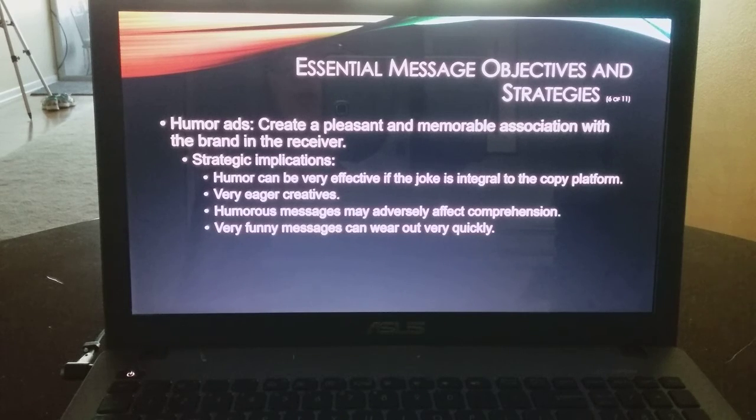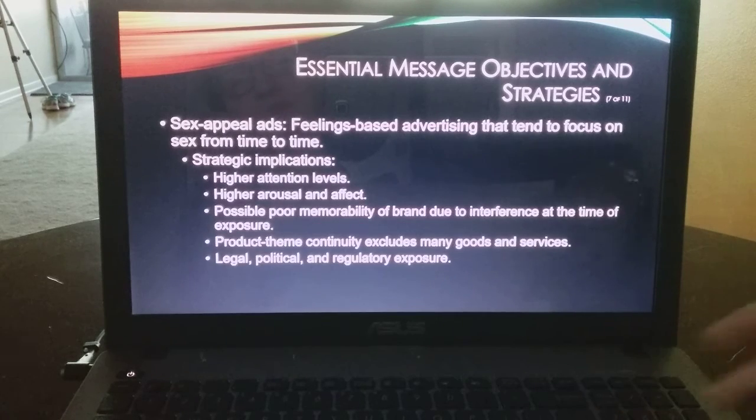The one problem with humor is that messages may adversely affect comprehension. You don't necessarily remember the product, but you just remember the funny joke about it. Also, you don't want to get caught in one-note humor, where the joke gets old. It's funny the first couple times you see it, but after a while it's not really funny anymore. But it can be very effective.